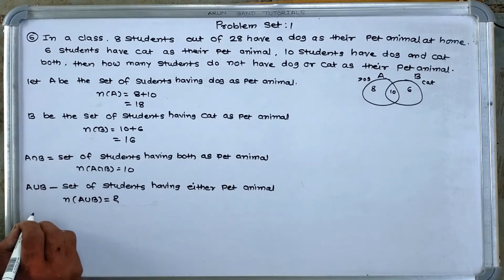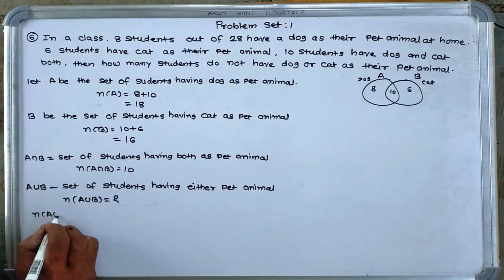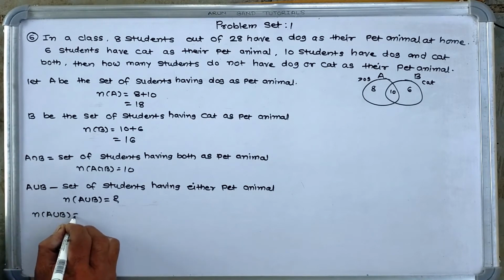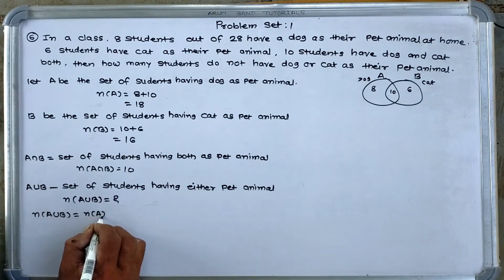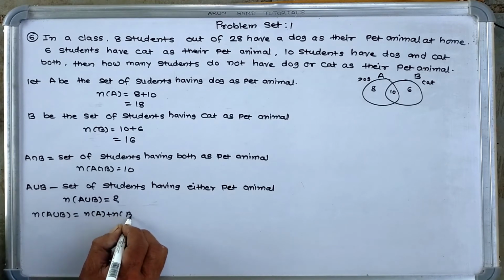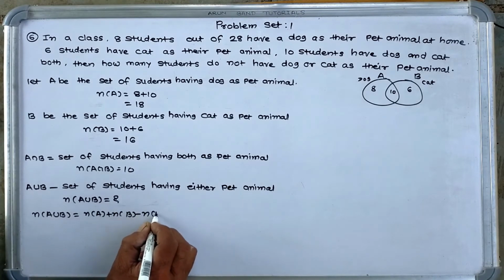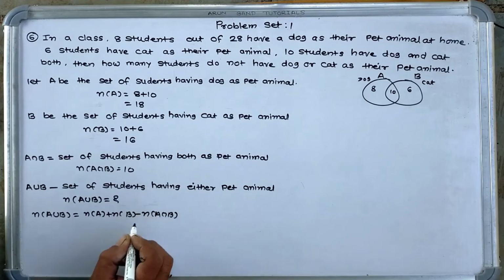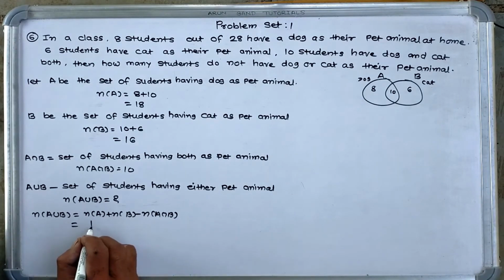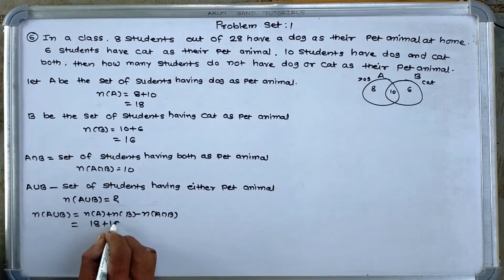So we will use the formula number of A union B equal to number of A plus number of B minus number of A intersection B. So this will be number of A 18 plus 16 minus 10.